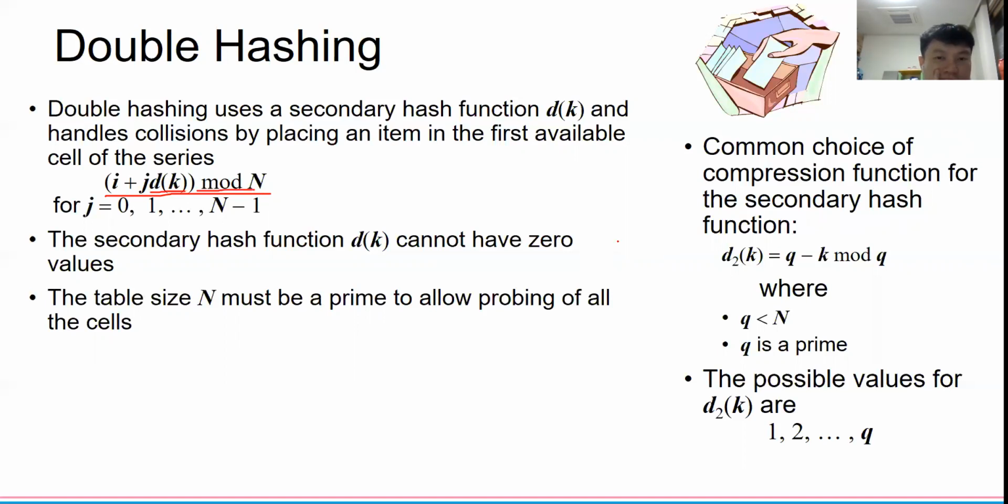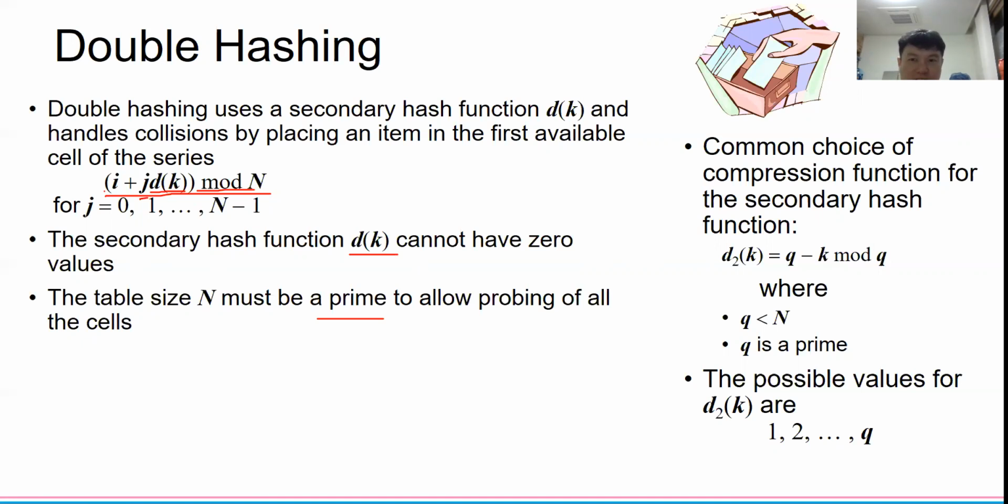As I mentioned before, it is recommended to have n as a prime number. If we don't have any issues, you can just use j equals 0. But if the i mod n has issues, then we can try to use dk. dk is the secondary function.